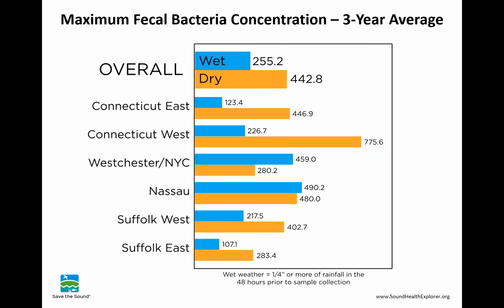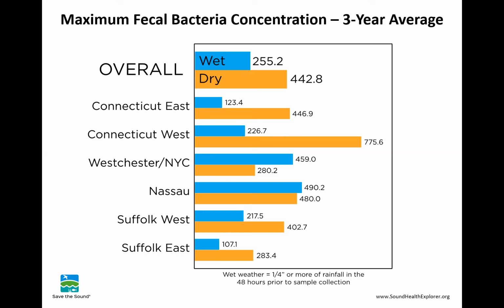All right, so this chart now looks at similarly the other half of our scoring system. So we're looking at the magnitude or the concentration of fecal bacteria. And again, for this data point, we took the highest magnitude at each beach in each season. So it was one data point for each beach each year over 3 years. And this is what we came up with.